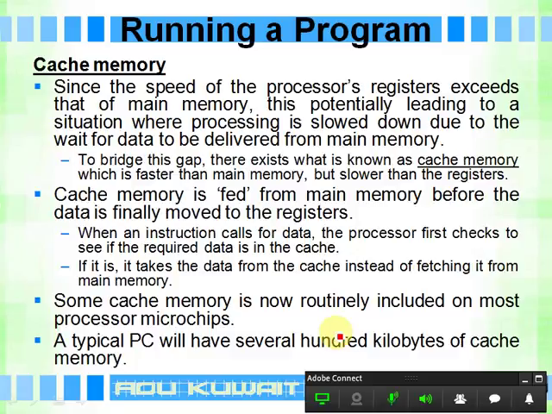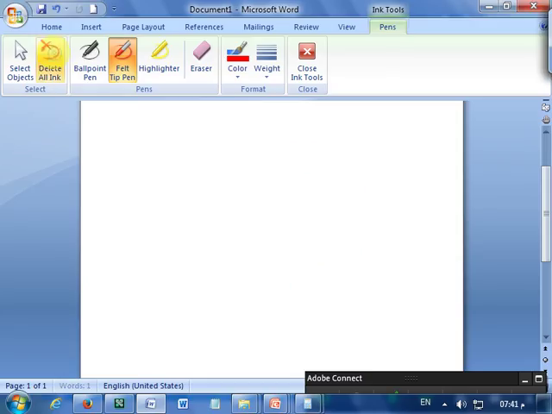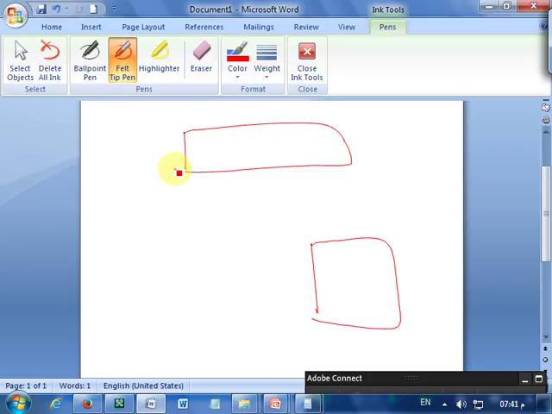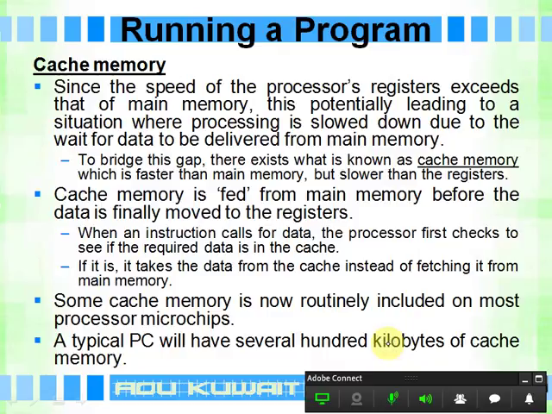Let's say this is your processor CPU, which has registers, ALU and CU. This is your RAM. The cache memory comes between these two. Cache memory will have the frequent instructions which are going into the processor. It will take the instructions from the main memory and store them, those which are frequently used by the processor.